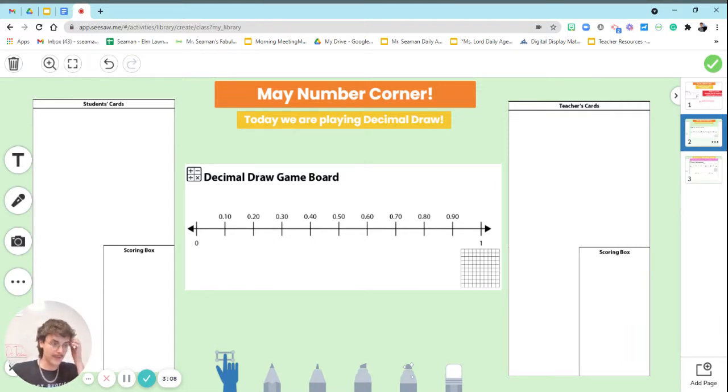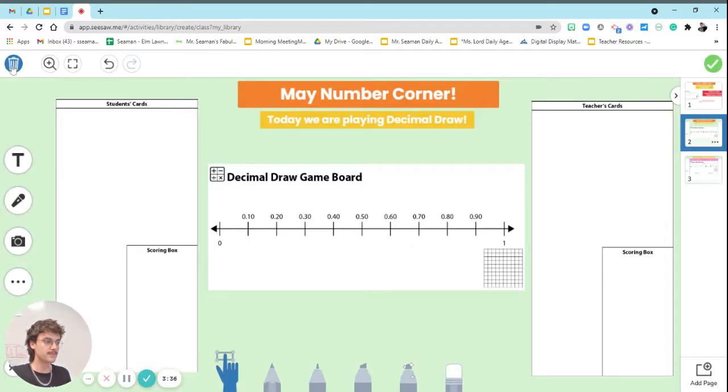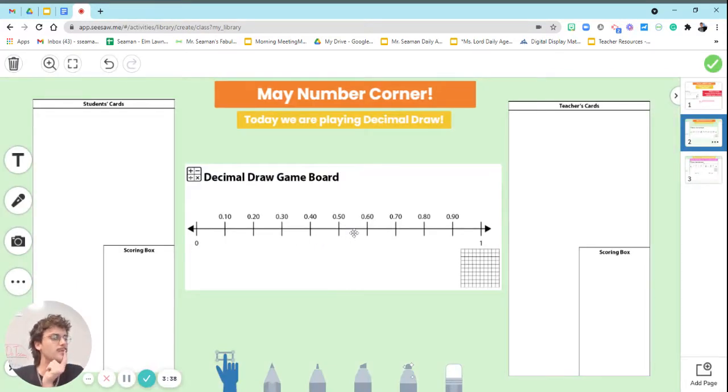Well, if you think about it, this square right here has 100 squares, which equals 1. So if we ever have something that is less than 100 squares, it is going to be less than 1, which all of them are going to be. So essentially, remember the number that I just pulled? It was 62 100ths. Let's think about where that would go.